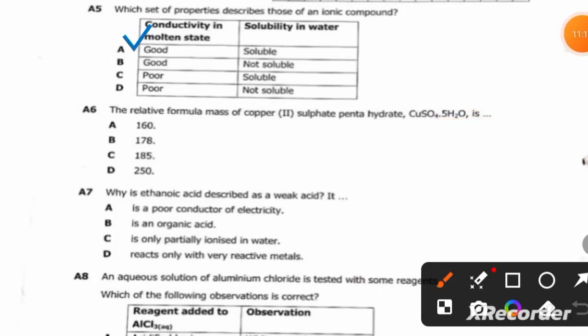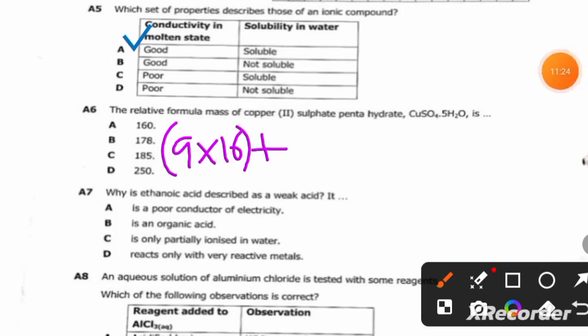So therefore we are going to say open bracket 9 times 16 plus. Let us also consider the atoms of hydrogen. How many atoms of hydrogen are we having here? We are going to say 5 times 2, which is equal to 10.